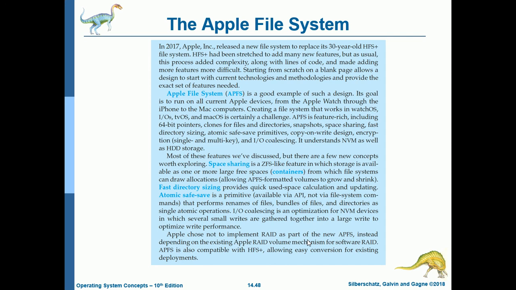Space sharing is a ZFS-like feature in which storage is available as one or more large free spaces or containers from which file systems can draw allocations, allowing APFS-formatted volumes to grow and shrink. Fast directory sizing provides quick space usage calculation and updating.